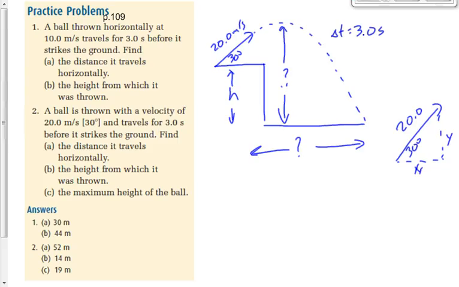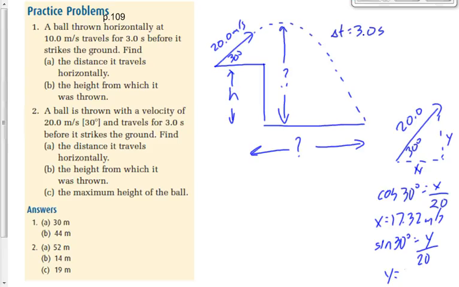Adjacent and hypotenuse goes with cosine. Cos 30 is equal to adjacent over 20. And I think that works out to be 17.32. For the y component, sine 30 degrees is equal to opposite over hypotenuse. This one's easy. Y is equal to 10 meters per second.